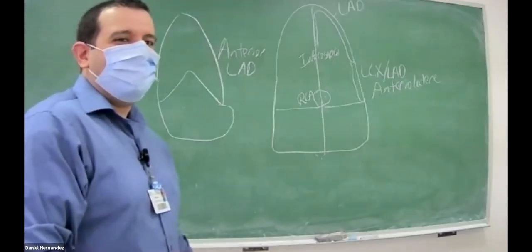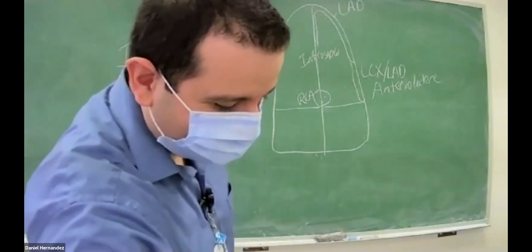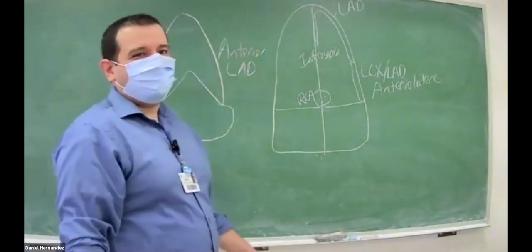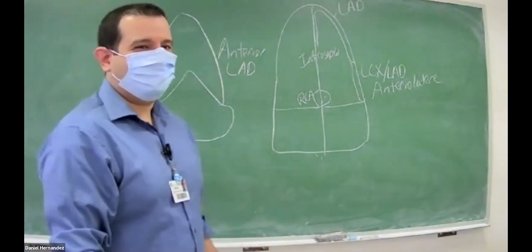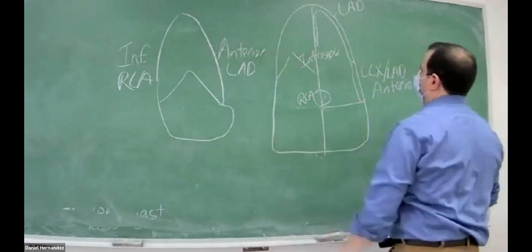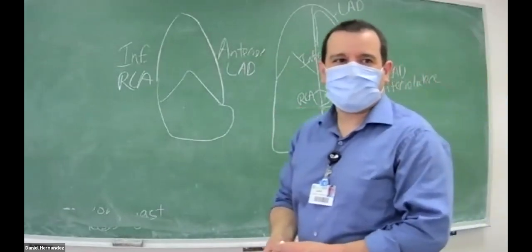And which view would we see that best on? Apical four chamber. Yep. So we'd see our tricuspid valve up here. That's your Epstein's anomaly.